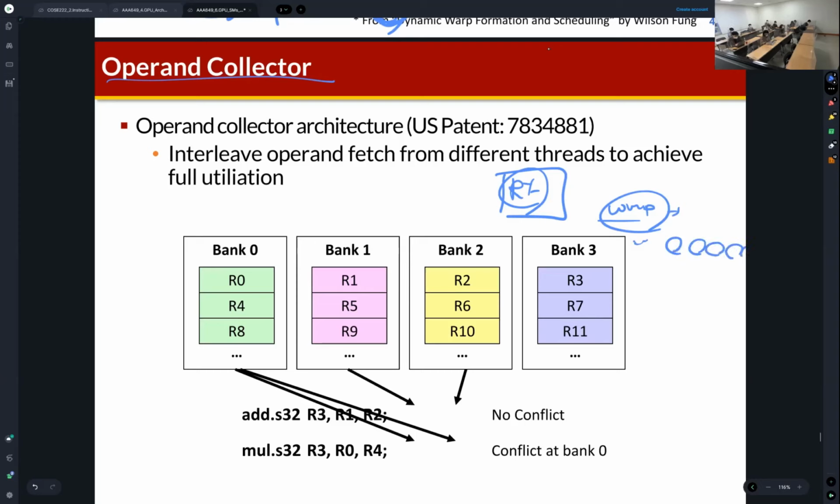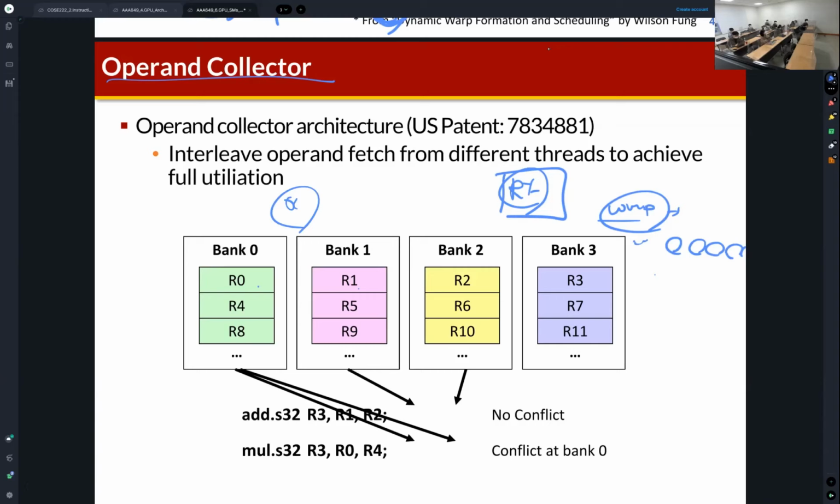The registers are independently managed by thread. So these register values are collected from the large register file. The operand collector collects the requested registers from the large register file.